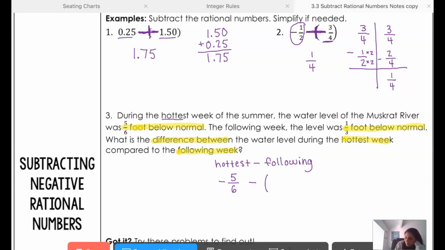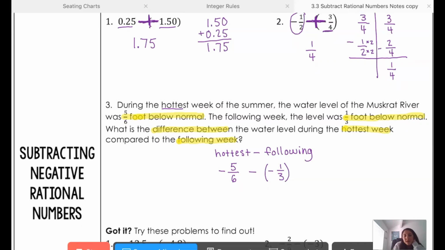Since it's below normal, it's going to be negative, and it was 1/3. So now we have our number sentence that matches the word problem: negative 5/6 minus negative 1/3.